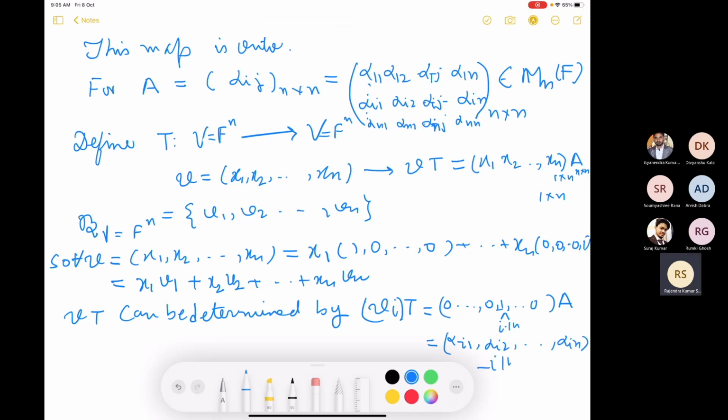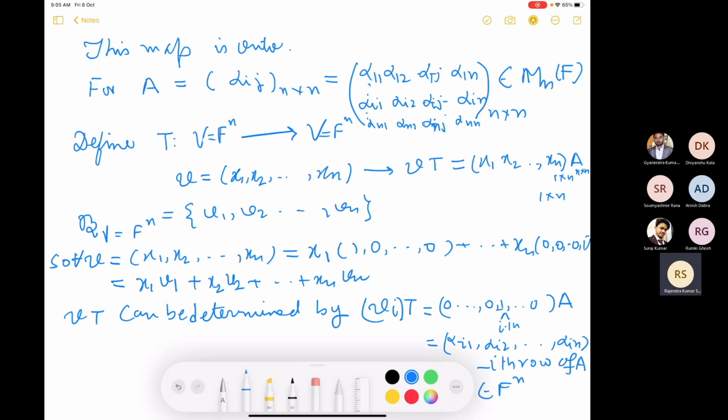So this is the ith row of A, and this is an element here in Fn. So T is a map from Fn to Fn, and this linear transformation can be determined by knowing VIT.